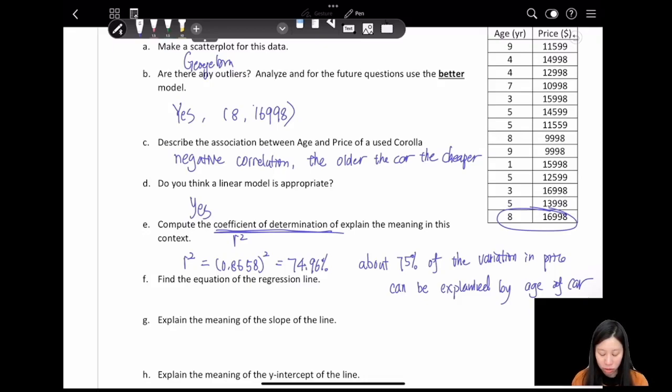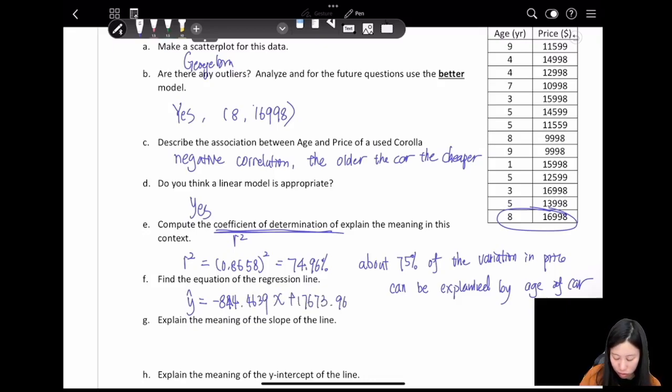Find the equation of the regression line. Well, we can find it from GeoGebra, which is y hat equals to this one on GeoGebra. Explain the meaning of the slope of the line. The slope is negative, right? The slope is negative 844.